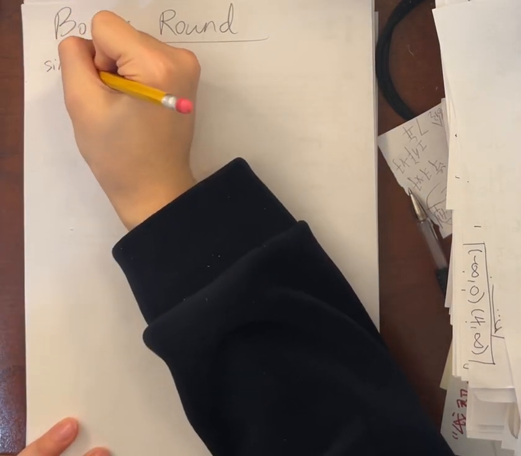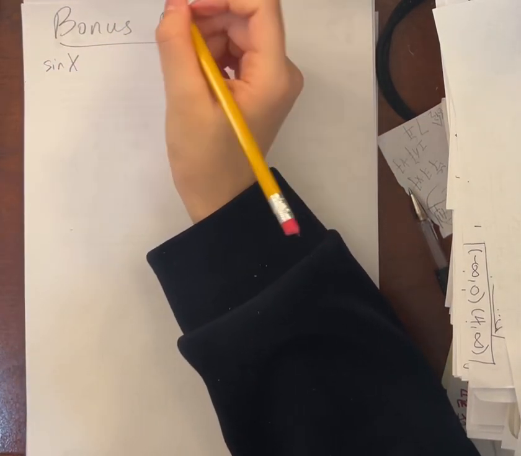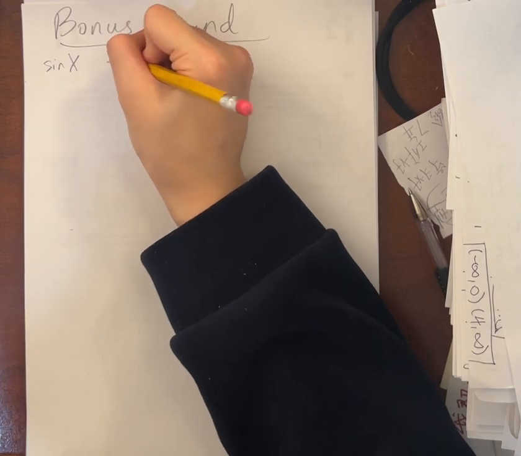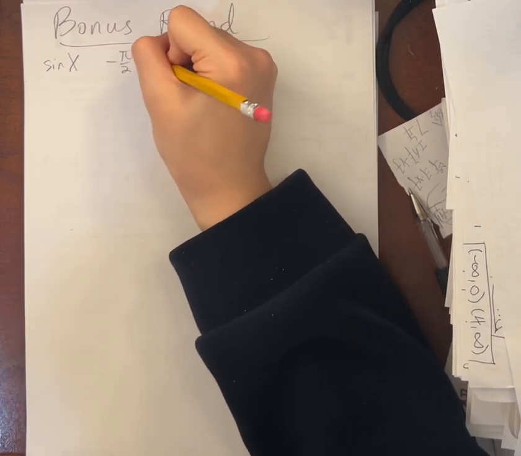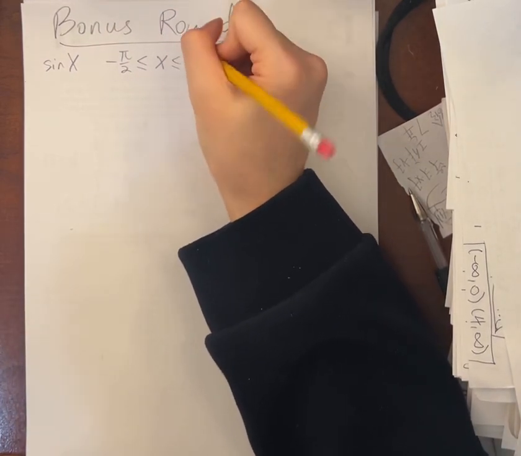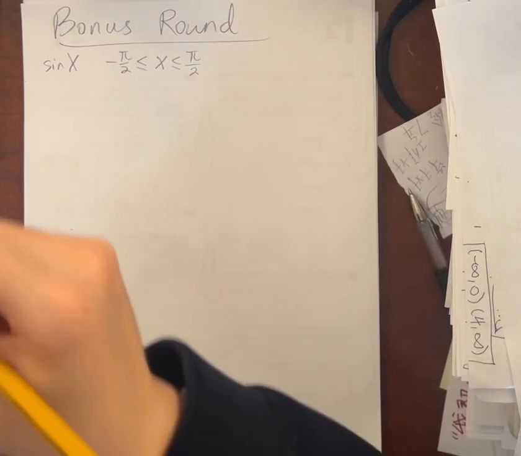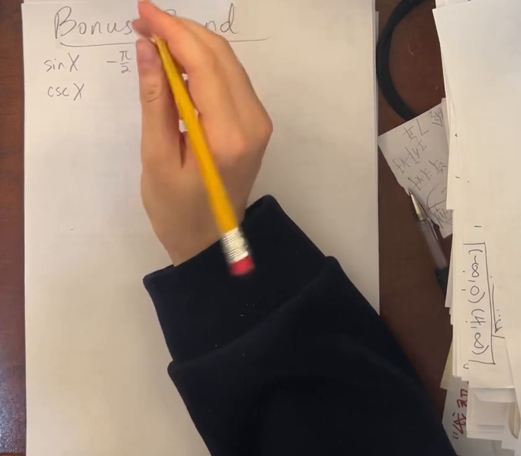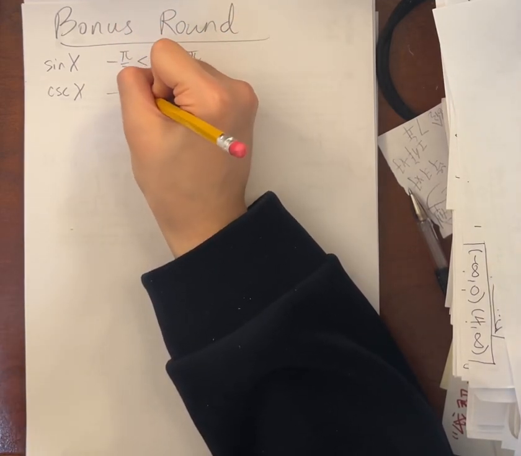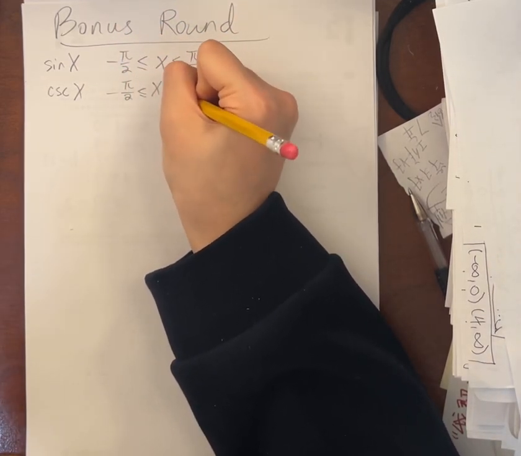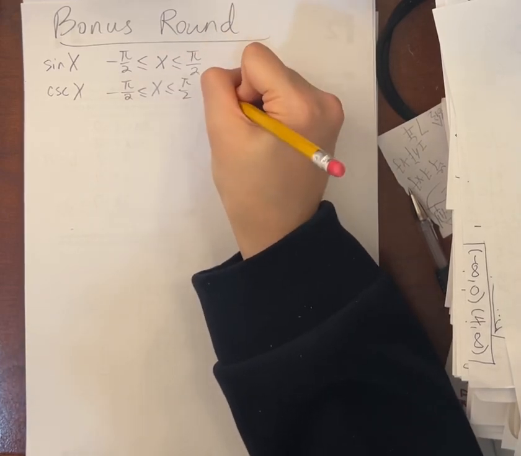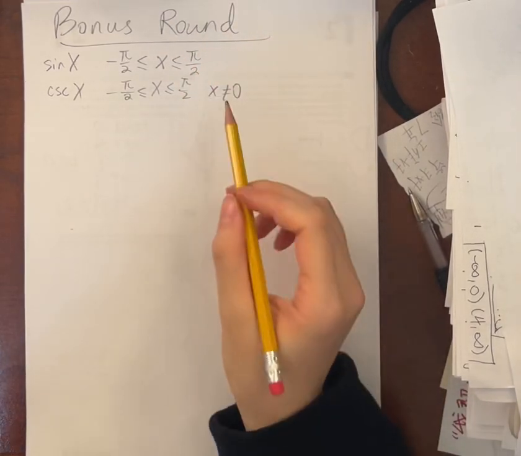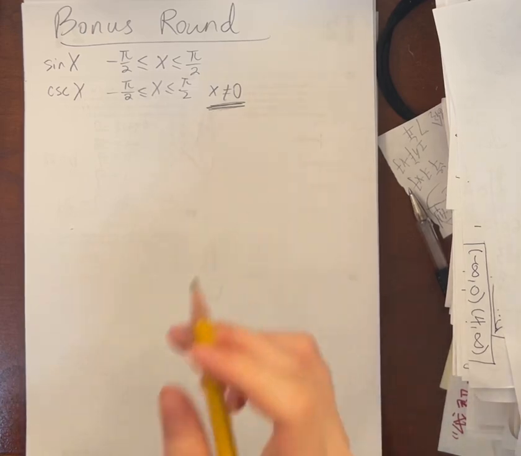So for the sine of x, the restricted domain will be between negative pi over 2 and pi over 2. And for the cosecant, which is 1 over sine, it will be the same thing, but x cannot be 0. Really important to keep in mind.